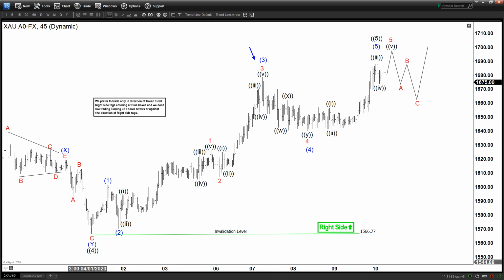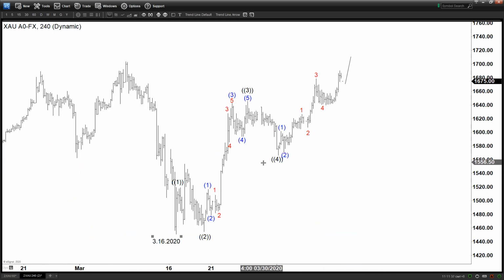So if I zoom out, remember this is wave 4 in the black, which is what we are concerned about. That is the same wave 4. So this is 3, this is 1 and 2 in the 4-hour chart. So we're talking about the cycle from March 16 here.